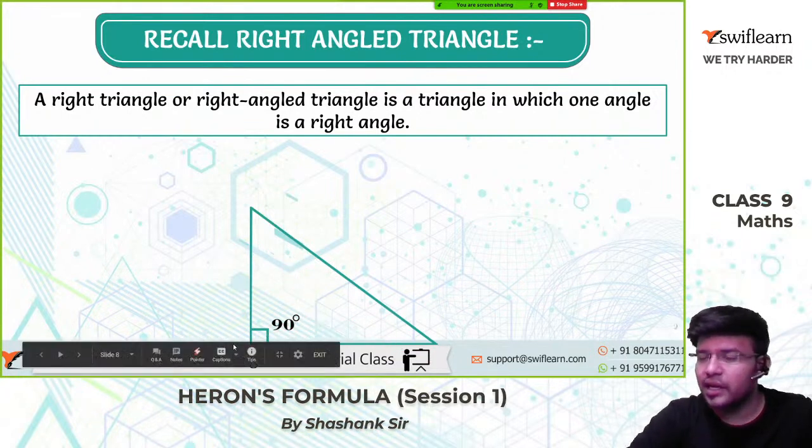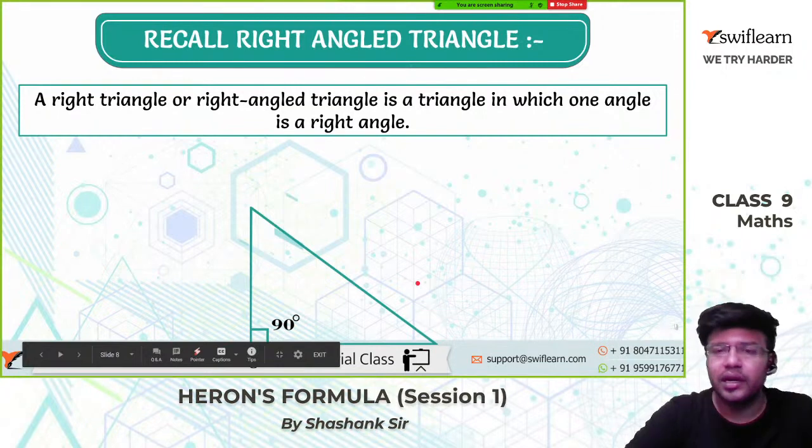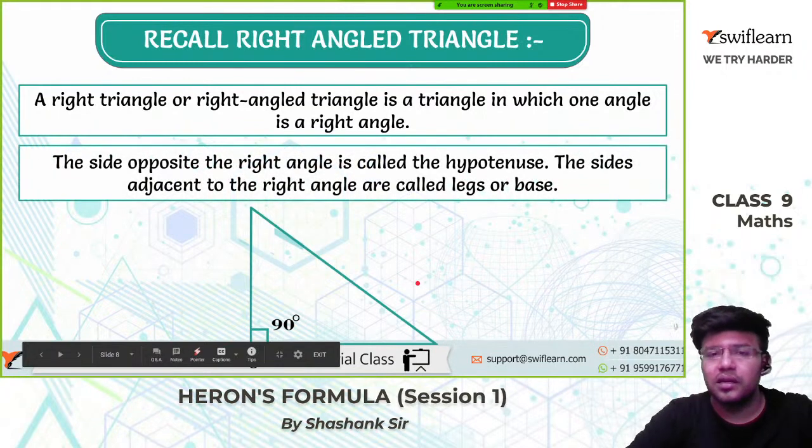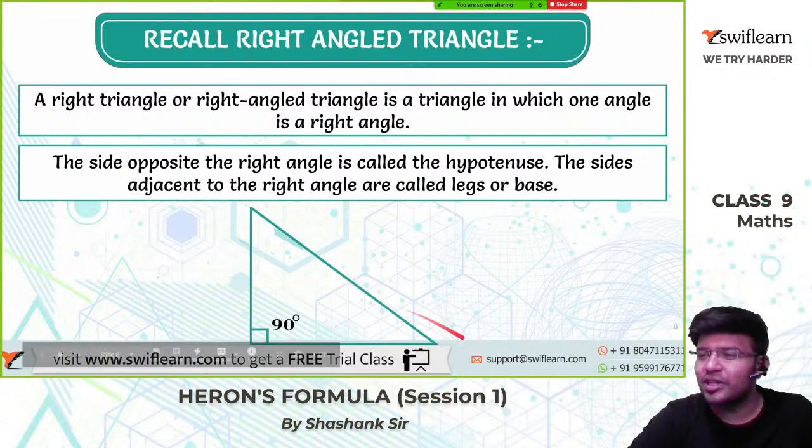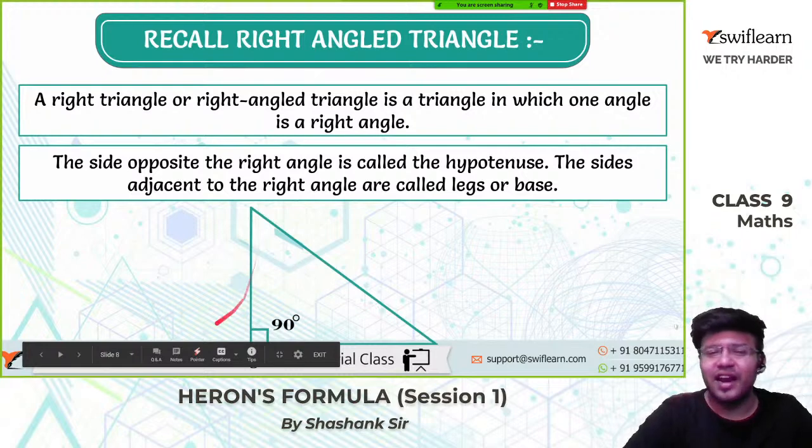Since this is 90, 180 minus 90 is 90, so the remaining two angles' sum should always be 90 degrees in a right angle triangle. The side opposite to the right angle is called the hypotenuse. The hypotenuse is also the largest side in a right angle triangle, and the other two sides are called legs or base.